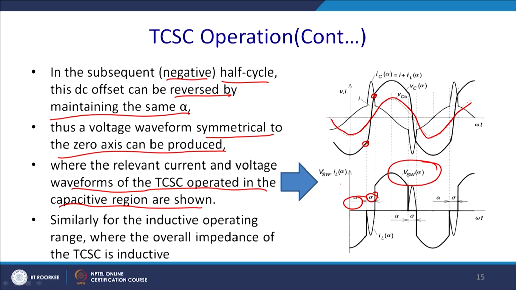Similarly, for the inductive operation, this is the lower one, and the upper one is the capacitive operation, where the overall impedance is inductive. We will see its characteristics and that switching pattern.